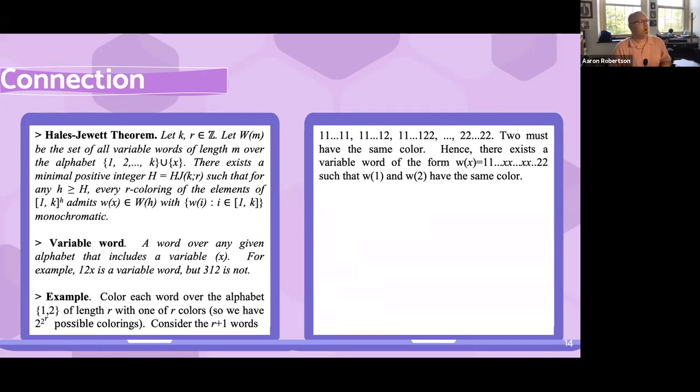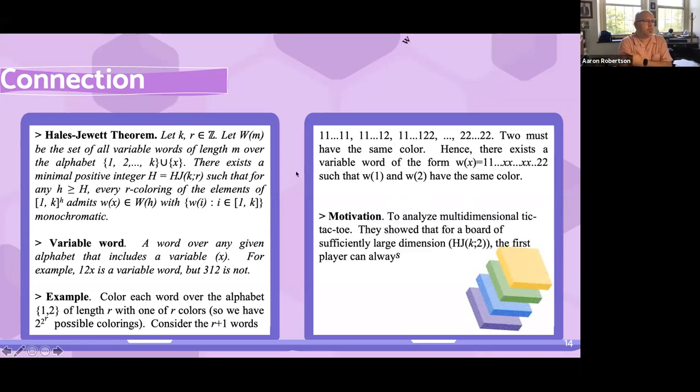And so I have a variable word where it starts with 1s, ends with 2s, with x's between, where W of 1 and W of 2 have the same color by the pigeonhole principle. The original motivation for this was multi-dimensional tic-tac-toe. And that's just a side note.